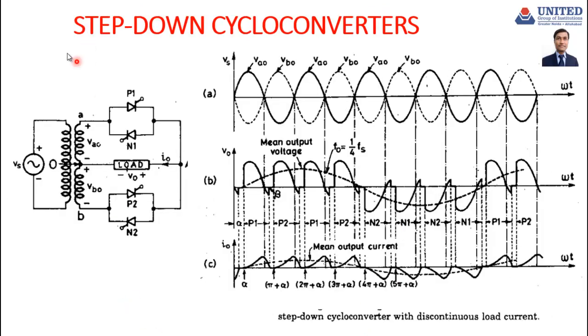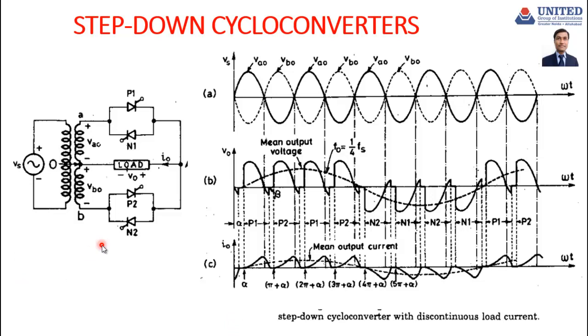Now let us see the step down cycloconverter. Here we see that this is the midpoint type configuration. In this configuration there will be two modes of operation. One is the discontinuous load current mode of operation and the second is the continuous load current mode of operation.